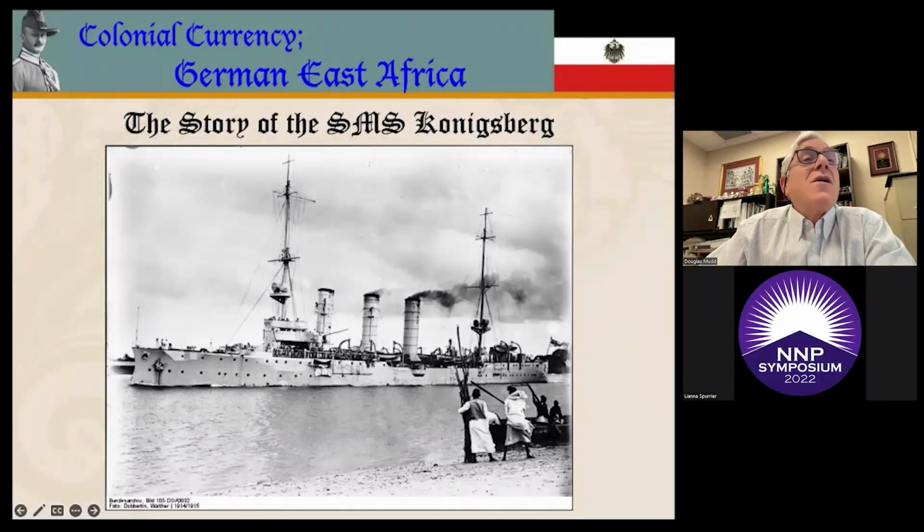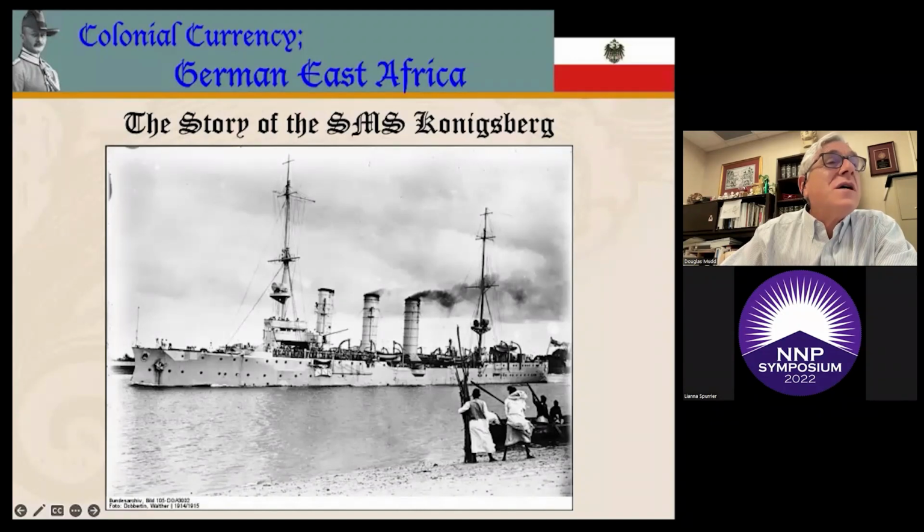So this was considered a great success and created a lot of panic amongst the German naval authorities as they tried to figure out how to crush this threat to their trade. The picture is a great picture of the Königsberg just off the coast outside of Dar es Salaam.